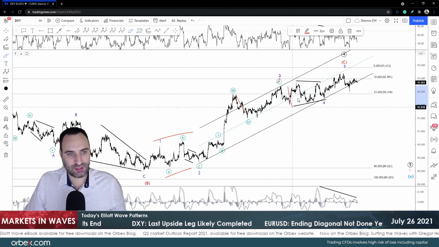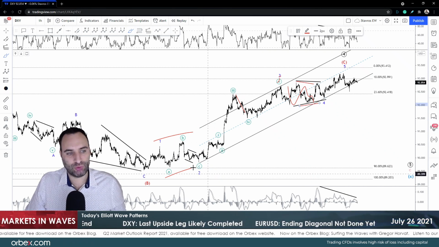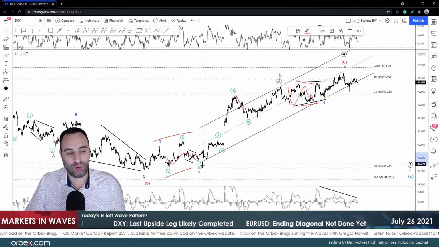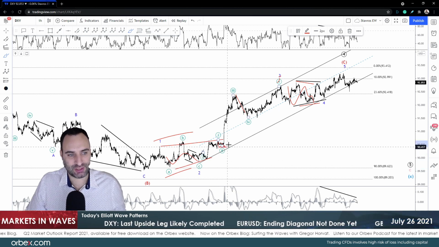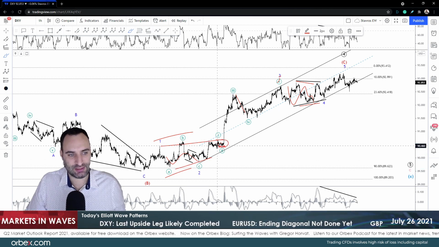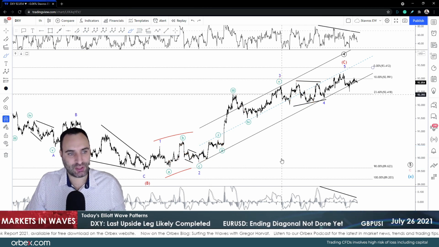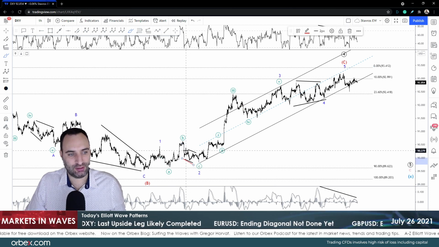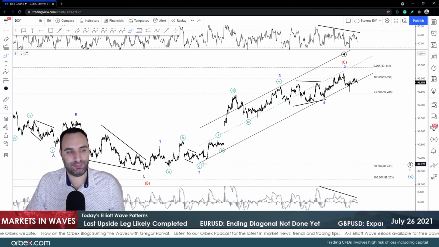But since we continued over here and completed a triangle, it makes more sense to have a correction here that lasts a bit longer than this one over here, because the correction in wave 2 was just this small thing, lasting a couple of days. So that has now become a correction running flat in wave C, with an expanding ending diagonal in wave C, which is a valid pattern structure for a running flat.